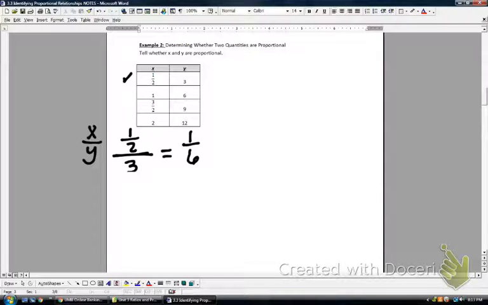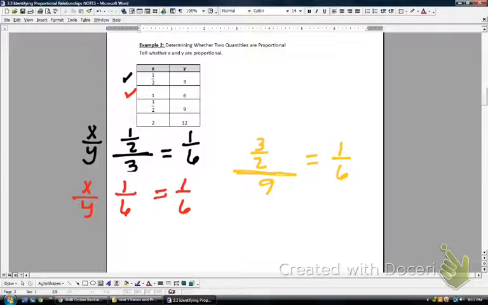Alright, so when I looked at my table, I noticed that I had a mistake, so I'm going to do the next one in a different color. So I actually have my x is 1 and my y is 6, so that simplifies to 1/6, so I've done that one. Then let's look at the next one. I have 3/2, that's my x, and then my y is 9. I can enter that in my calculator, 3 ABC 2 divided by 9, and that simplifies to 1/6.